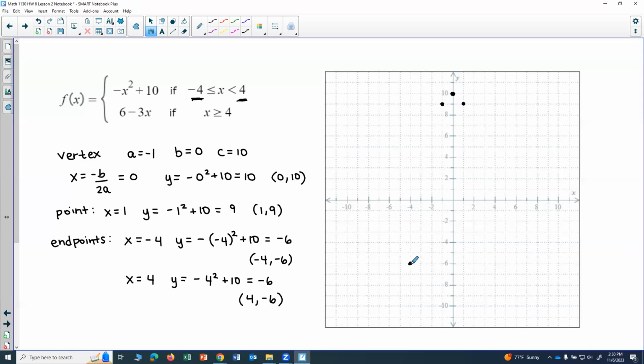So I'll go ahead and plot that point. It's going to be a solid filled in dot because of that x greater than or equal to negative 4. Now the one that corresponds to x strictly less than 4, that's going to be an open dot. And so at the point 4, negative 6, I'll have an open dot.